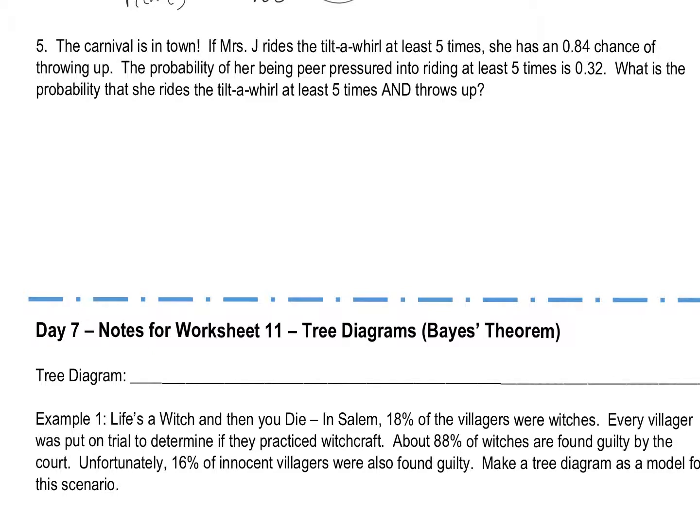Okay, so here we have a given condition. If I ride the tilt-a-whirl 5 times, I am going to throw up. That probability, 0.84. That's our given condition. So if I tell you that I ride the tilt-a-whirl at least 5 times, I have a probability of throwing up.